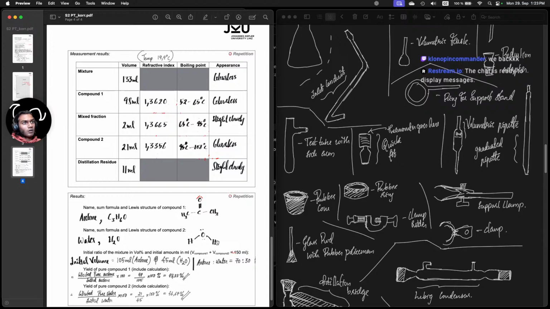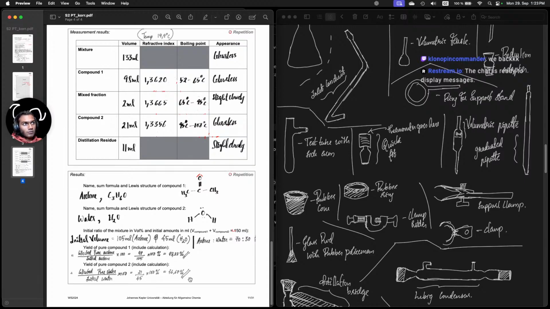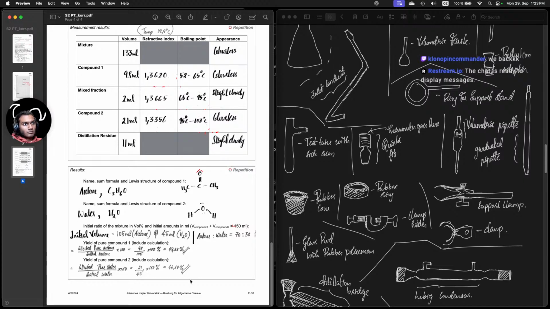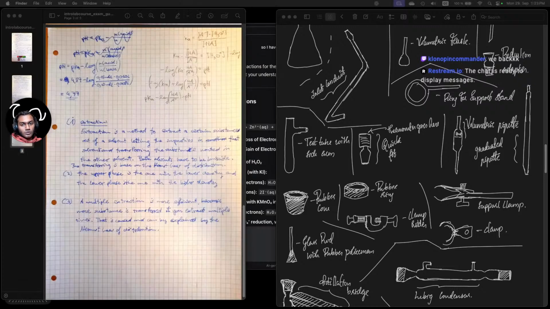Okay. Water, I do know water. Collected pure acetone by initial acetone. That's for section 2, okay? You gotta just keep on reading.